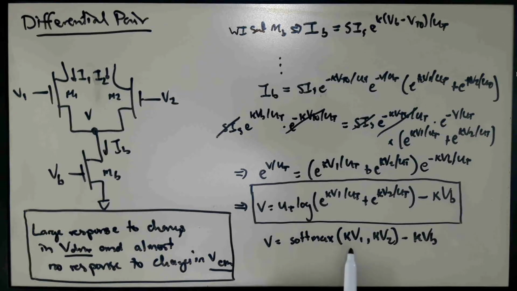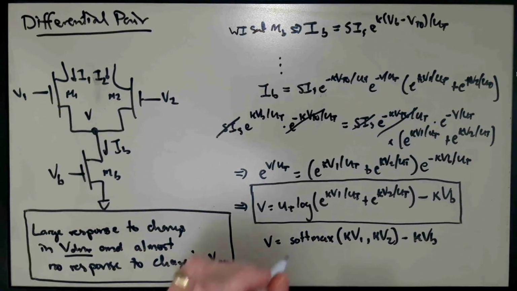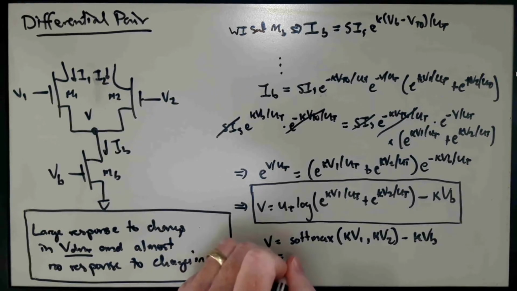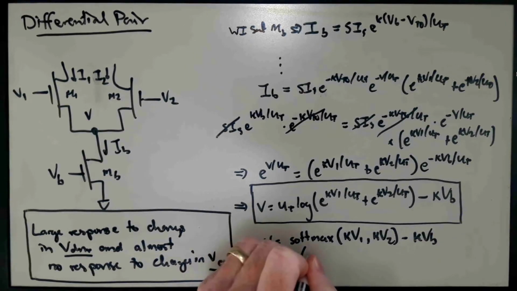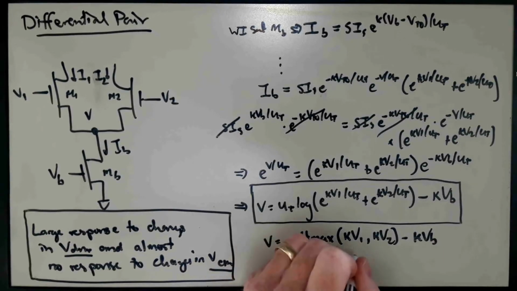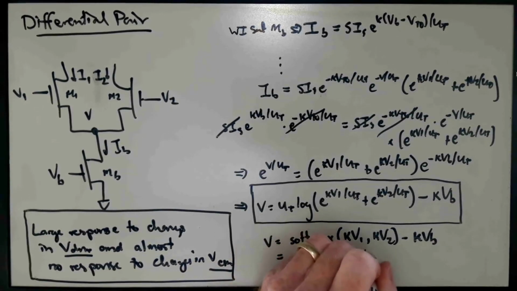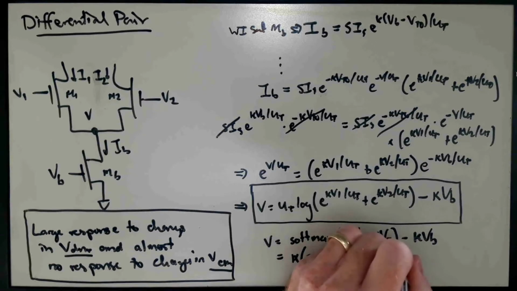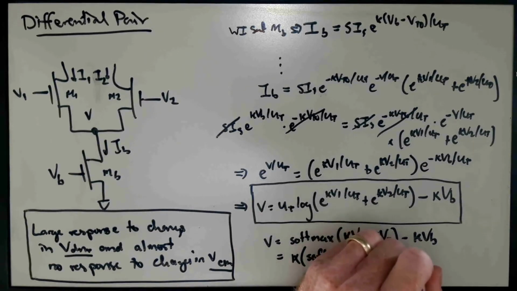And of course, if we wanted to, we could factor out the kappa, right? Because if we have the soft max of kappa V1 and kappa V2, that would be kappa times the soft max of V1 and V2. So this is equal to kappa times the soft max of V1 and V2 minus VB.